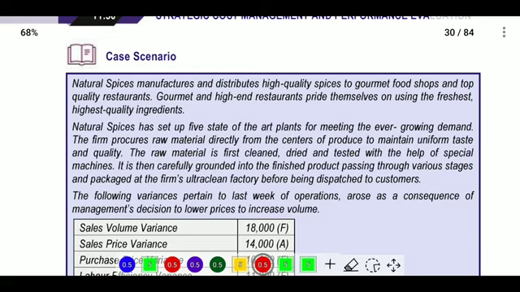It is providing spices, and it is recognized as Natural Spices, maintaining quality for restaurants. Government and high-end restaurants pride themselves on using the freshest, highest quality ingredients. So here quality is most critical for Natural Spices, because they are the only person providing the ingredients.